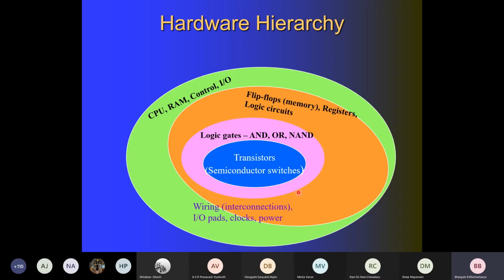You need I/O pads in order to communicate to and from the external world. Obviously, you need a synchronizing clock, and of course you need electrical power. So in a nutshell, this diagram shows you the entire hardware hierarchy which you need in order to build the inner core. Correct?